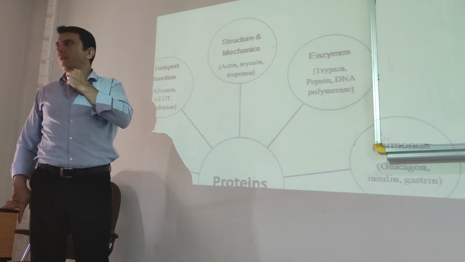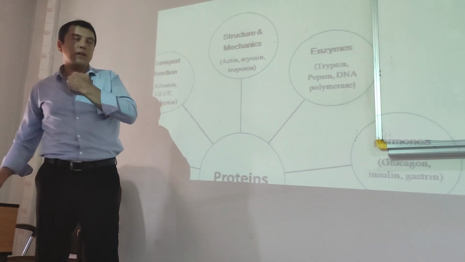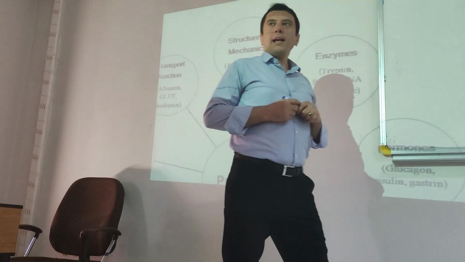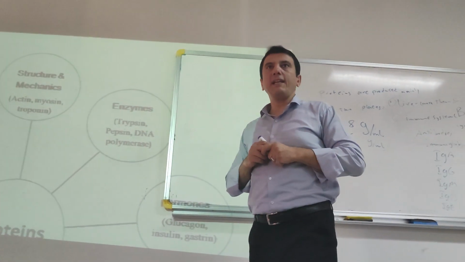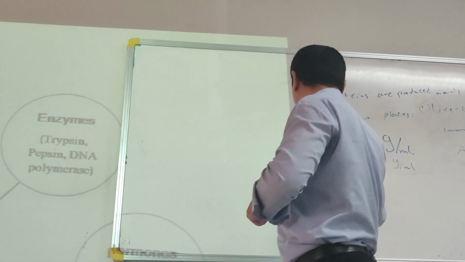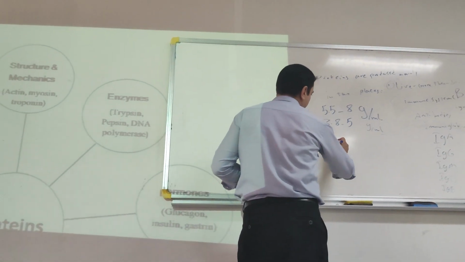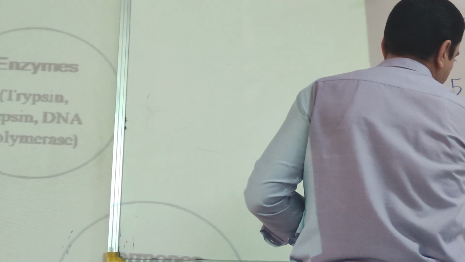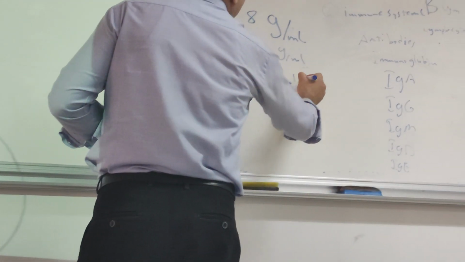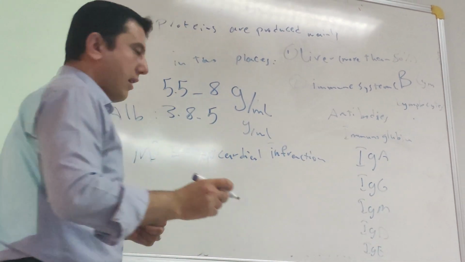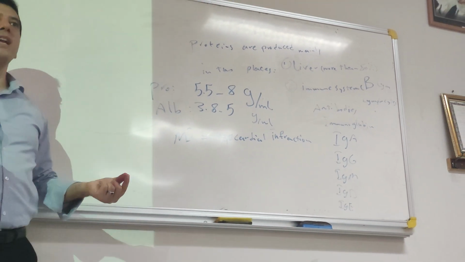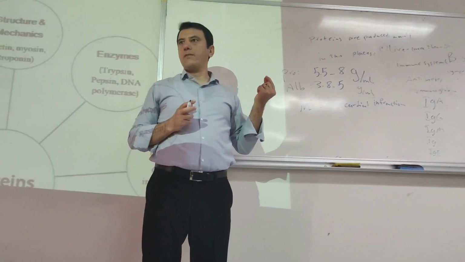Troponin. What is the importance of troponin? Okay, very good. Troponin is the main marker for MI, myocardial infarction.